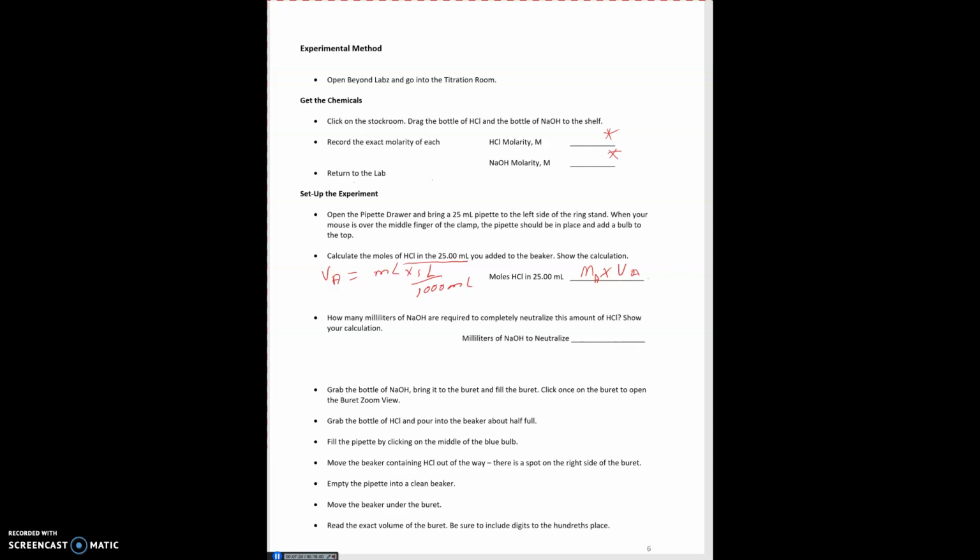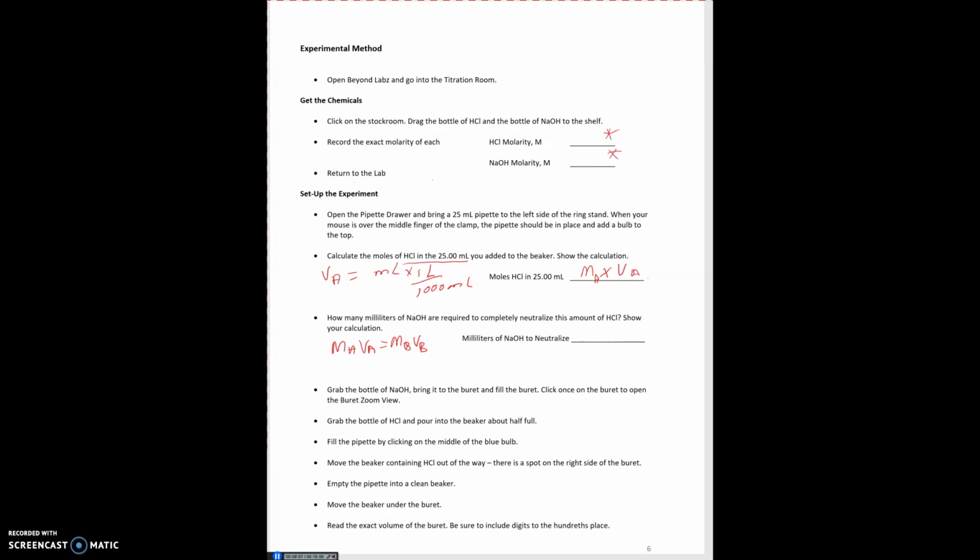Then you're going to calculate how many milliliters of sodium hydroxide to neutralize your acid. To calculate this, the easiest way is to do molarity of acid times volume of acid equals molarity of the base times the volume of the base, because at the point of neutralization, the moles of acid equals the moles of base.